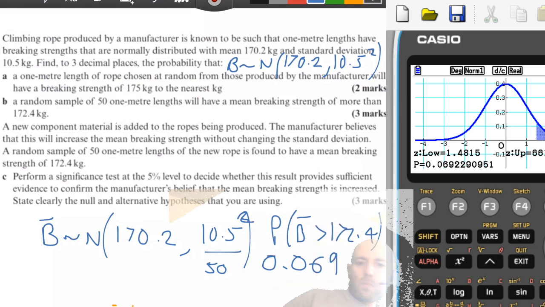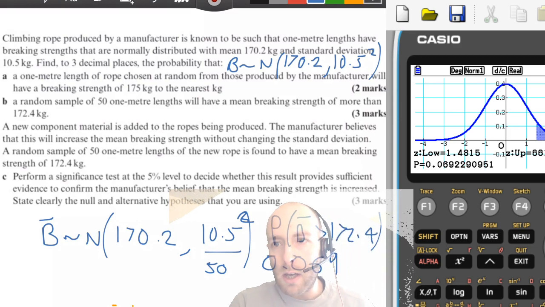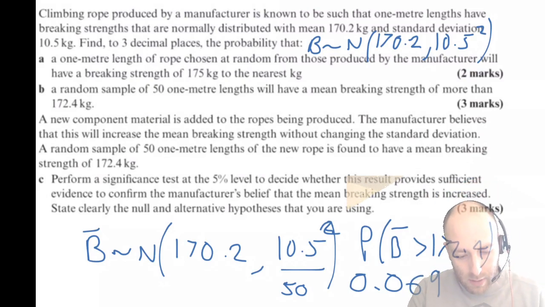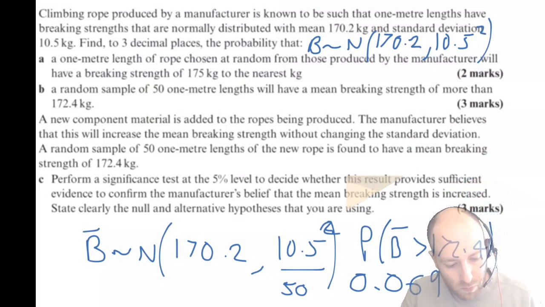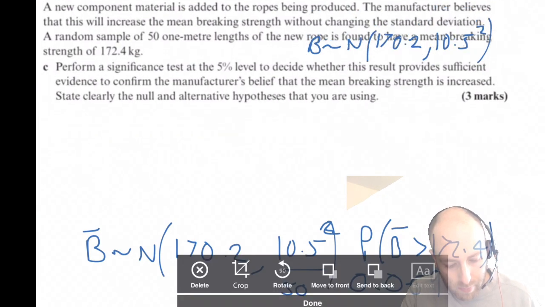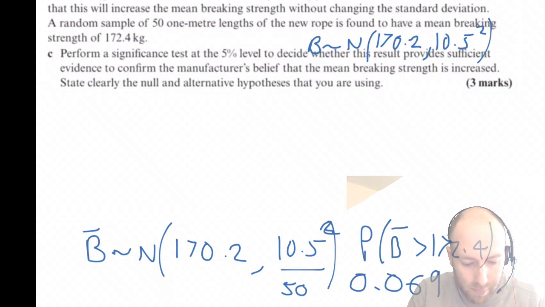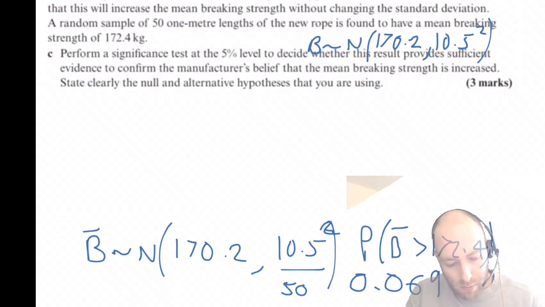Right, so that's the first two bits. Last bit is a hypothesis test. So if I clear the screen there and move the question up. A new component is added to the ropes, and we're going to see if it increases the strength. Okay, so we can write our distribution again.